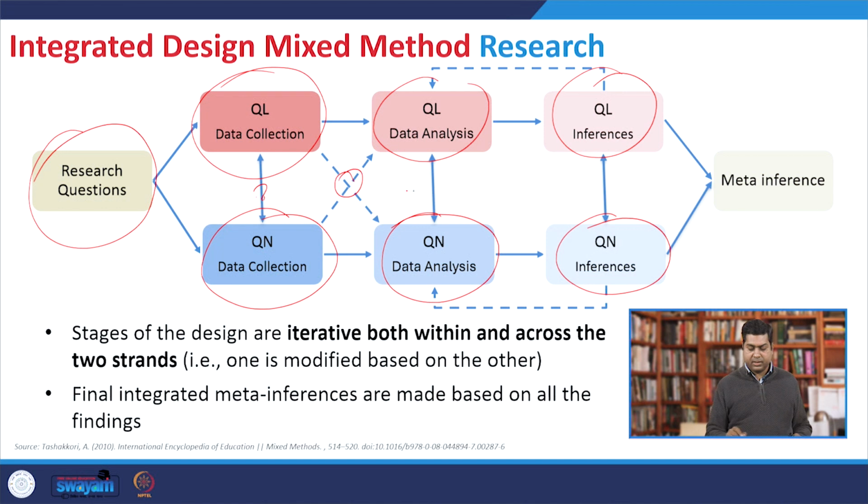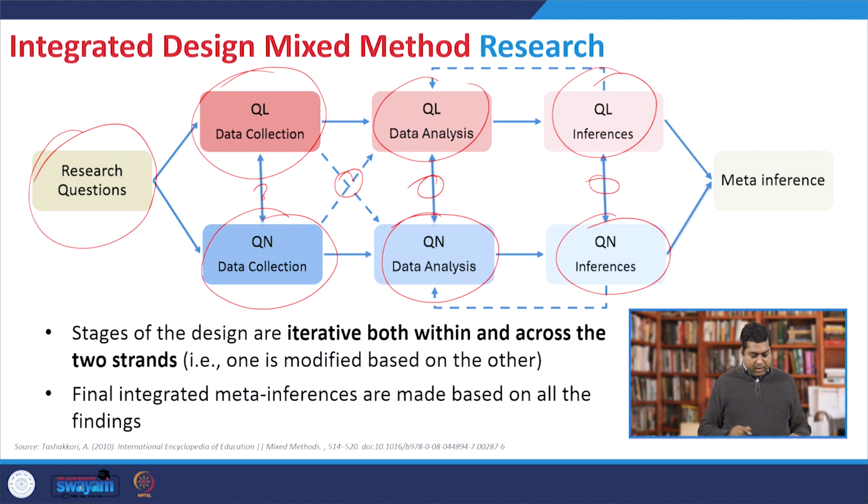These connections are important and were not there in that particular parallel design. So, in each stage we are trying to take some input from qualitative to quantitative, quantitative to qualitative. In fact, in this design also we try to integrate the findings of the model, so that it can give us some sort of simultaneous finding which has both the input of qualitative and quantitative.